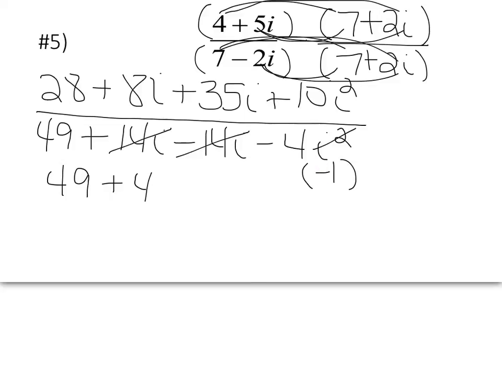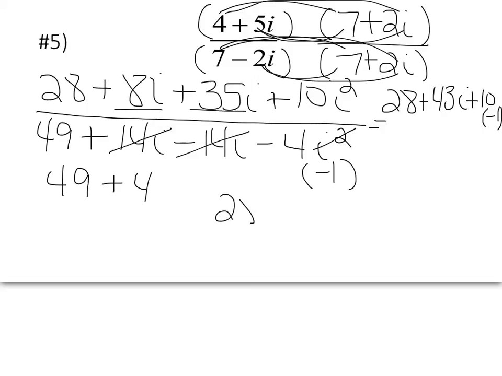And then in your numerator, you're going to combine your like terms, which is going to give you 28 plus 43i plus 10, and then it's actually times -1, because we know i squared is -1. So let me clean that up a little bit for you.